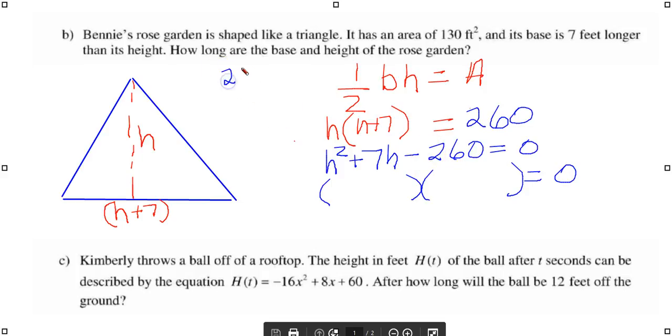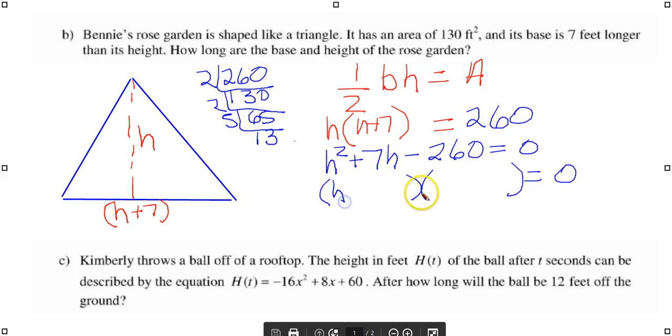Well, how do we do that? Well, I'd make one of these little things and see what we get. So here are the prime factorizations, and this one works out very easy. 2 times 2 is 4, times 5 is 20. 20 times 13 is 260. And the difference of 20 and 13 is 7.